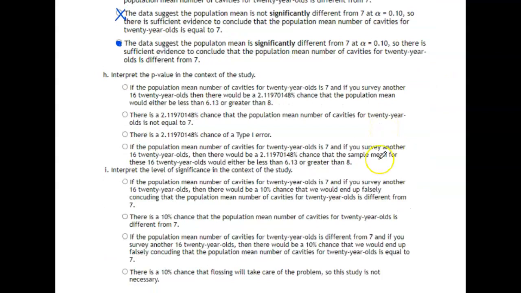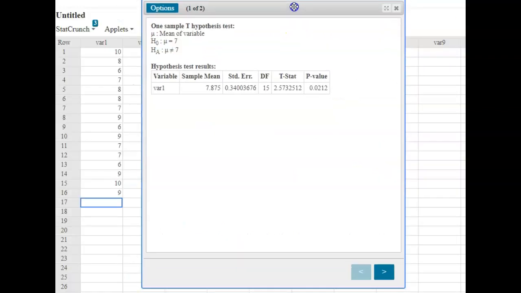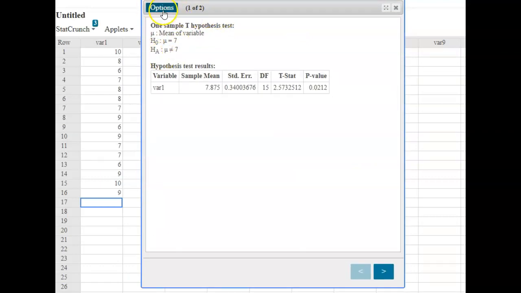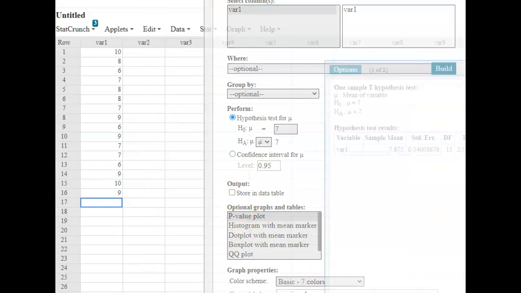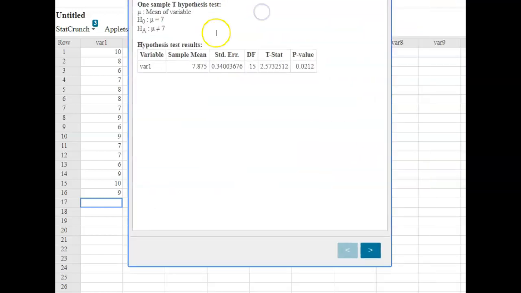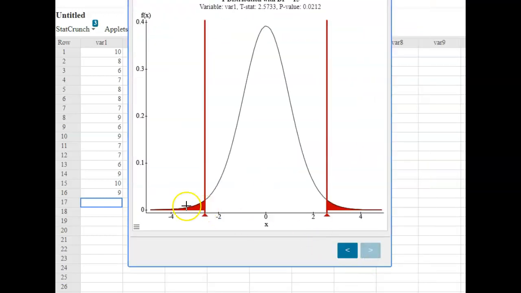All right, now interpret the p-value. The p-value gives you the probability in the tails. So let me put up StatCrunch. When I was doing the StatCrunch, I chose the p-value plot. That's a useful thing to show. If you scroll here, you can see the p-value plot.